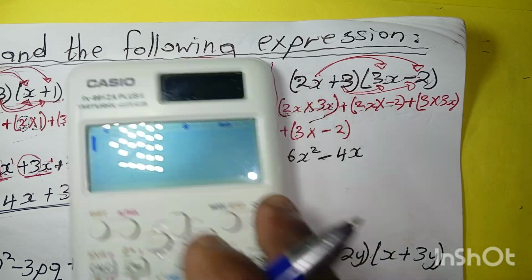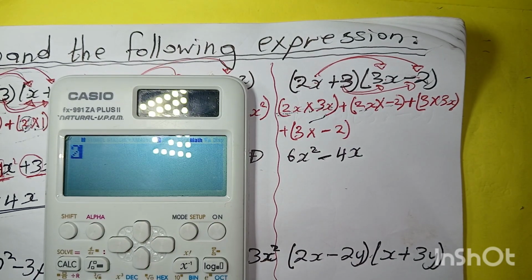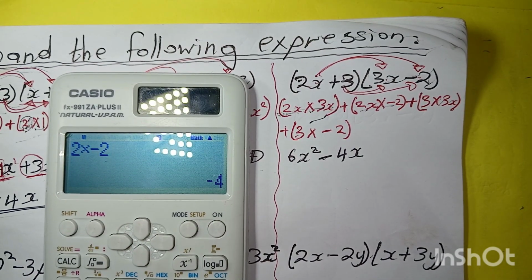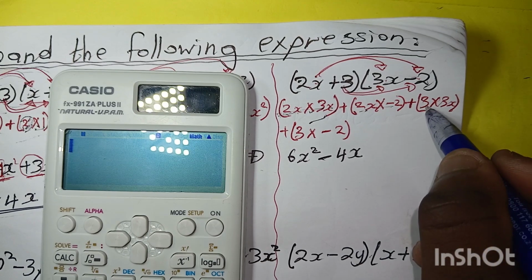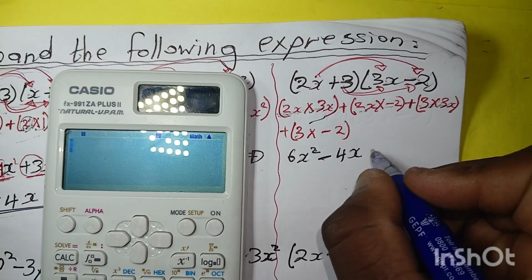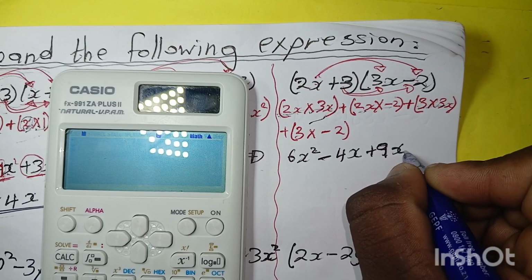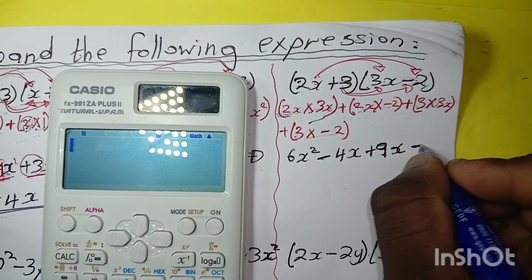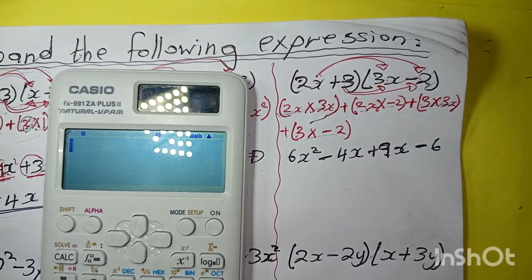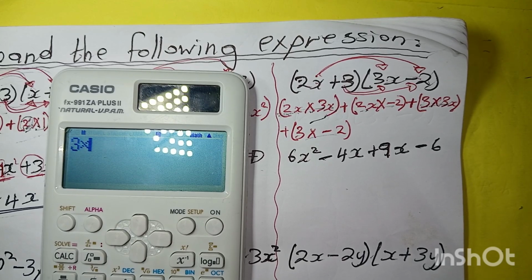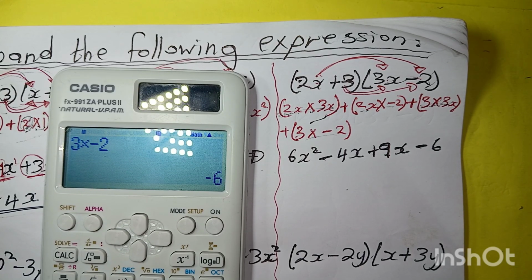You can even check it on the calculator, 2 multiplied by minus 2 is 4, negative. Do you see? So now here, same sign gives us positive 9x. So here, different signs give us negative 6. Check 3 multiplied by minus 2, it's negative 6.